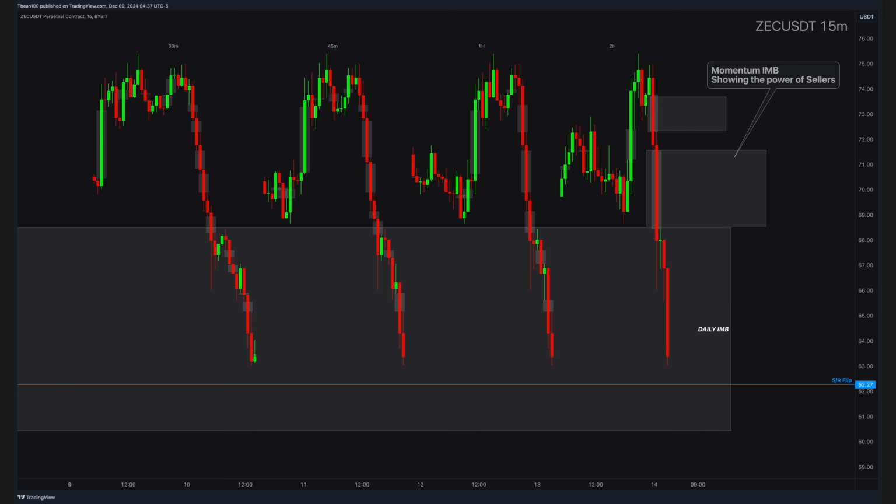If you look at the right side, the 2-hour time frame, you will notice these gigantic bearish imbalances. This is my first sign for the power of the sellers. Then the failure of this bullish imbalance shows me the weakness in the buyers. A simple and quick trick to understand which side is dominant.